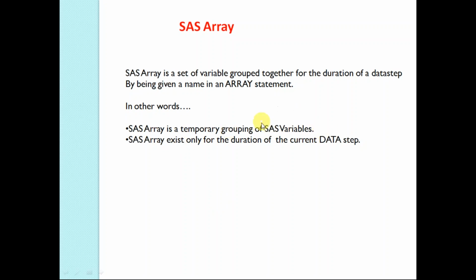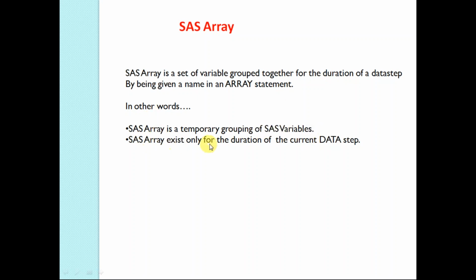You can store all your related, homogeneous variables by grouping them in an array. We'll see how to do this, what temporary grouping of SAS variables means, and how to put variables in an array.